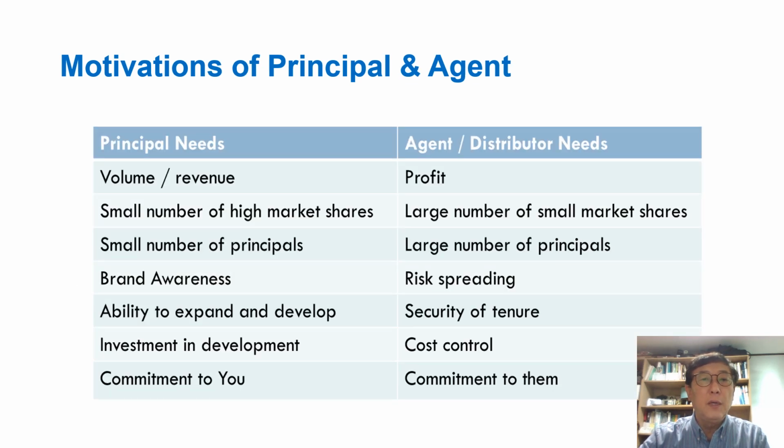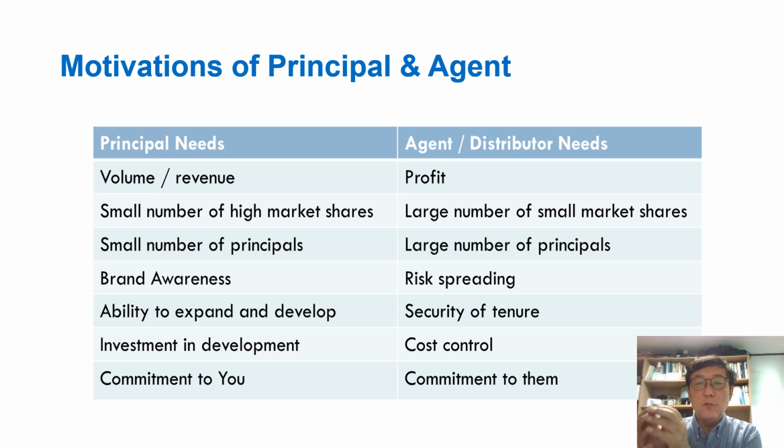So the motivation of the principal is volume, revenue, sales. But the agent needs profit. The principal wants a small number of high market shares, but the agent wants a large number of small market shares.